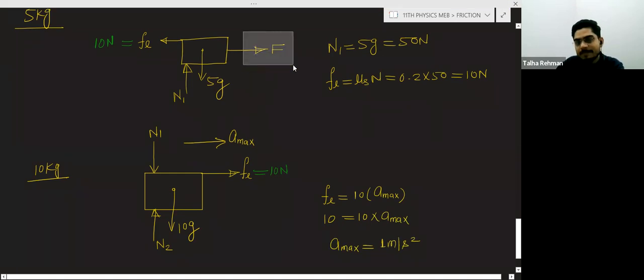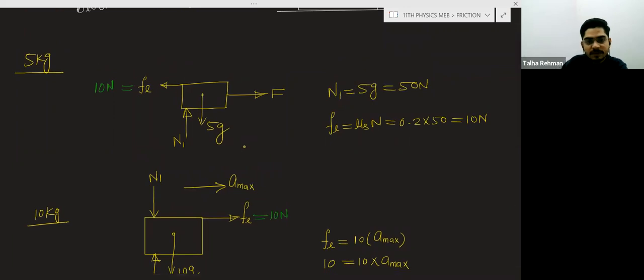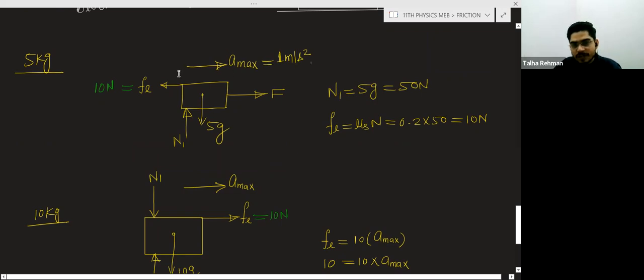Now we want to find the maximum value of this force. From the 5 kg block we will use this maximum acceleration here. See, this block is moving in this direction with an acceleration of 1 meter per second square, and the forces on the block are F and 10 Newton.